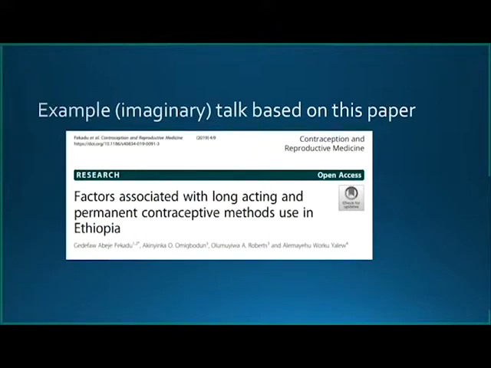So I am imagining that I'm giving a presentation of these research findings, factors associated with long-acting and permanent contraceptive methods use in Ethiopia. So this is a published paper. You may recognize some of the authors, and I will be using this paper as an example throughout.